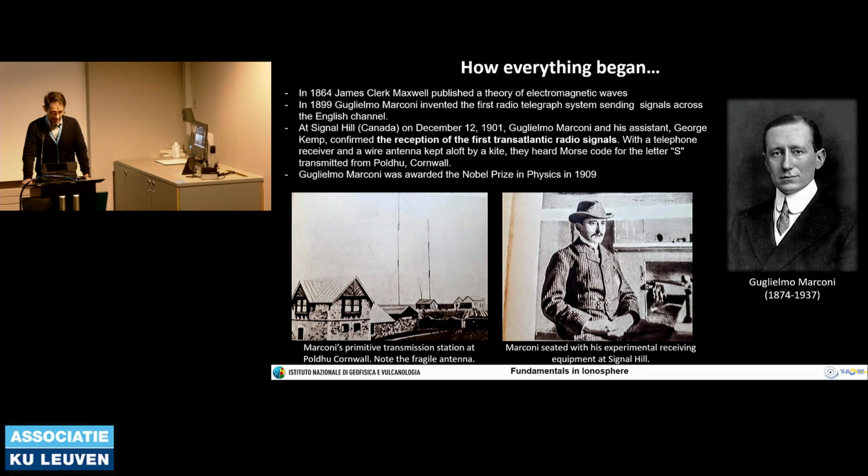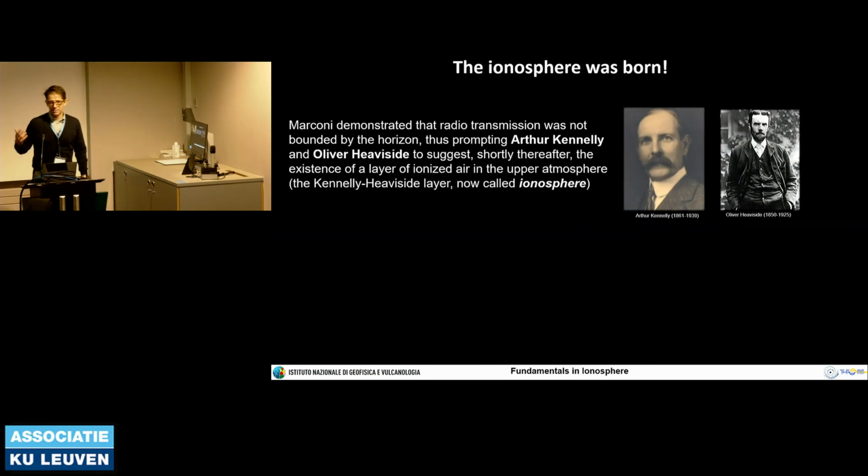And for that, Marconi was awarded a Nobel Prize a few years after. Of course, at that time they didn't talk about the ionosphere. The term ionosphere arrived slightly later. The theory of an atmospheric layer of ionized air, called the Kennelly-Heaviside layer, was theorized by them a few years after.